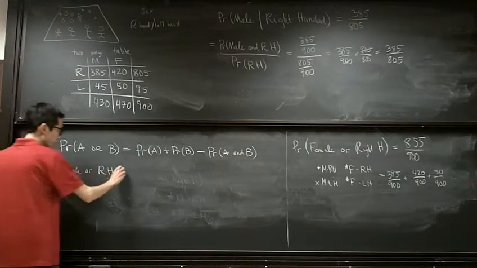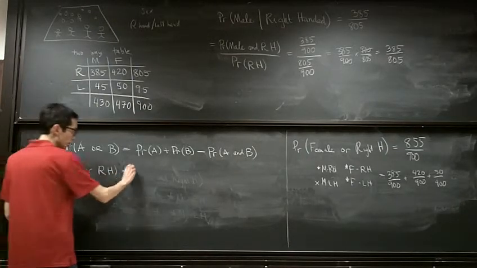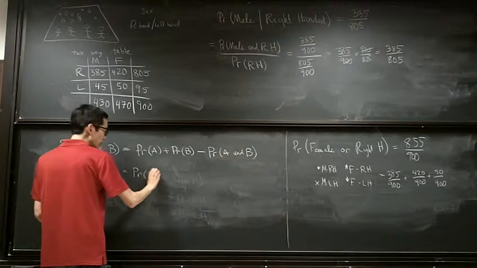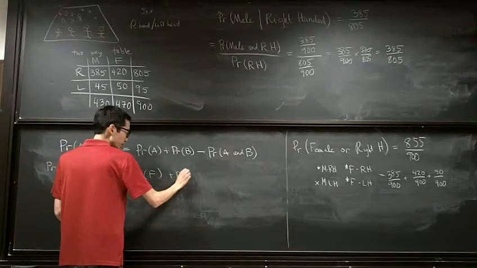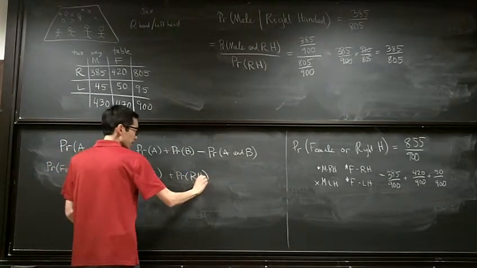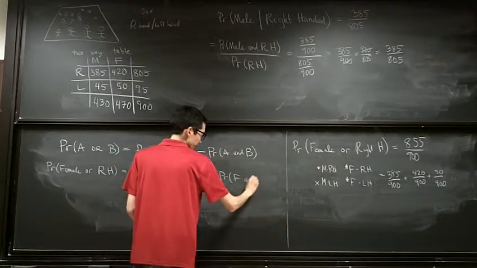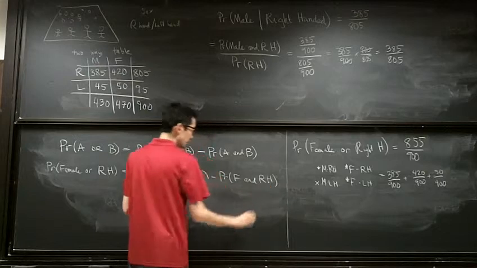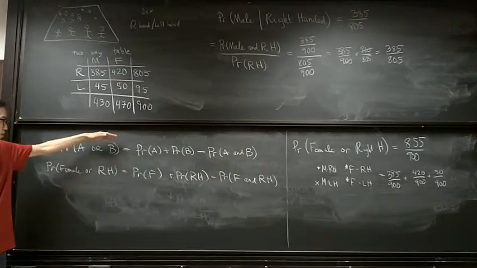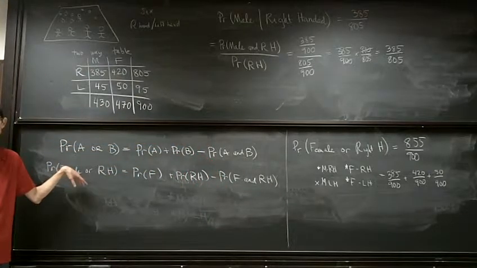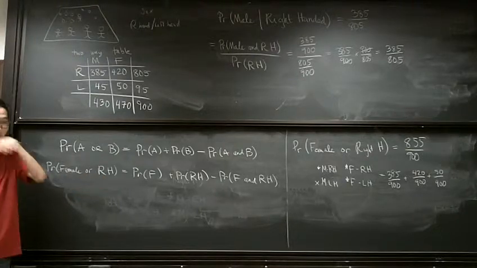Okay, to get this, probability of female or right-handed, we're going to do probability of female plus the probability of right-handed minus the probability of female and right-handed. Okay, all I'm doing is I'm just changing the A's and the B's into females and right-handed.